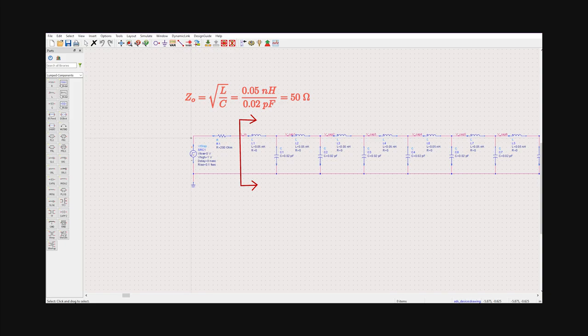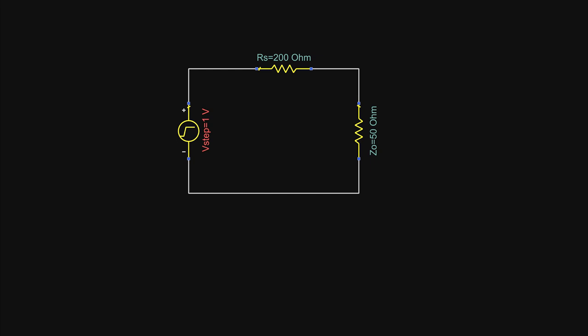It's a voltage division circuit, and the 1 volt step voltage will split as 0.8 volt and 0.2 volt between the two resistors. So the voltage at the input of the line settles at 0.2 volts. At the same time, the current drawn by the line settles at 4 milliamps.